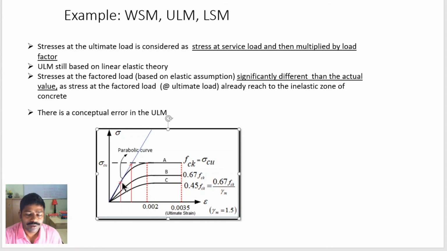It will be easy for you if you see this graph. Here is the stress as per our working load, and if you multiply it with some constant factor, it will reach somewhere here. This will be the stress as per factored load. But since the concrete has already reached the nonlinear zone, the stress will be somewhere here, not this one.